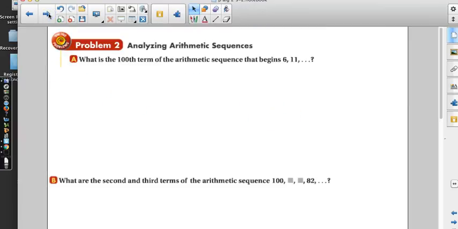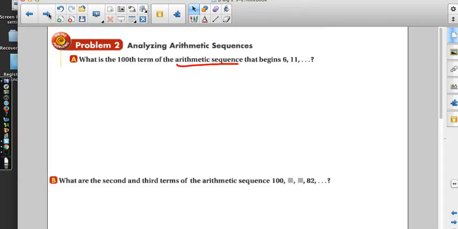That's our objective. So A says, what is the 100th term of the arithmetic sequence that begins 6, 11, ...? First off, this is important. They told me what it was. They didn't give me enough terms for me to come to that conclusion on my own. 6, 11, that's not enough of a pattern for me to decide that something is arithmetic.